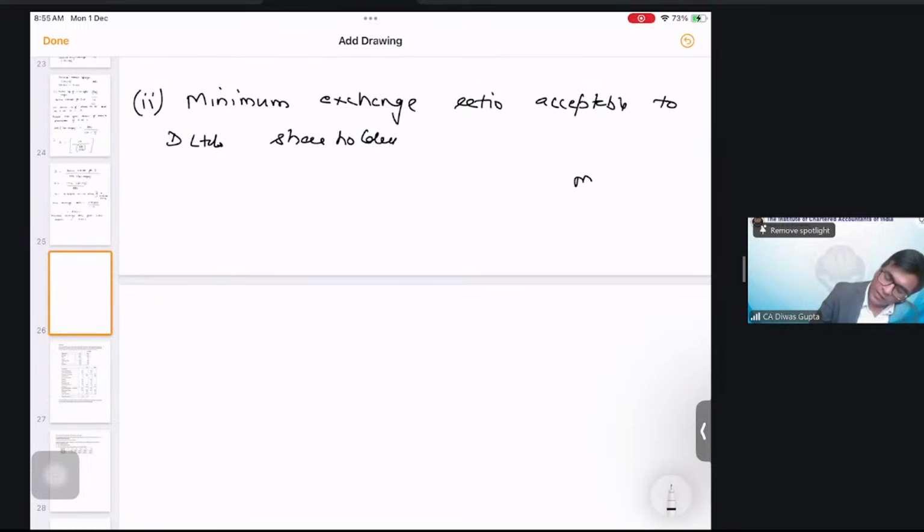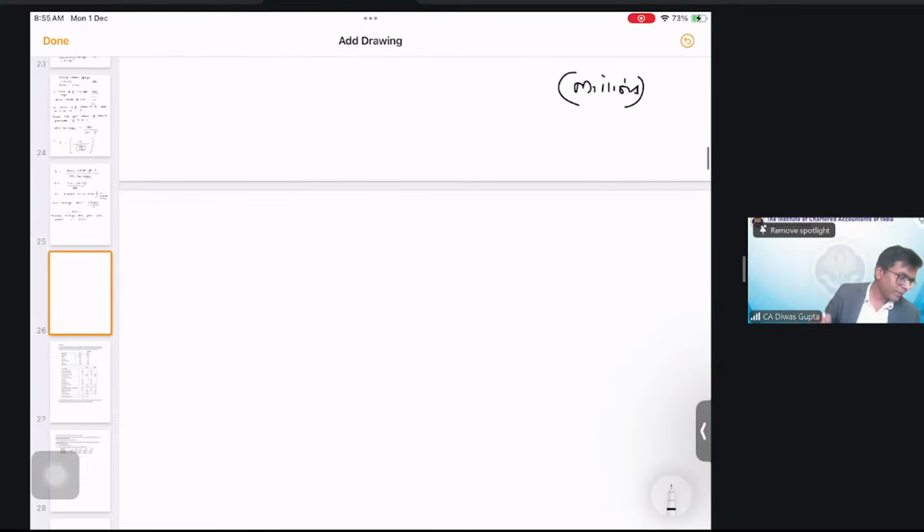In millions, if we have to write, the market price per share is 15 per share. Now these all particulars we are writing for whom? We are writing for D Limited, right?